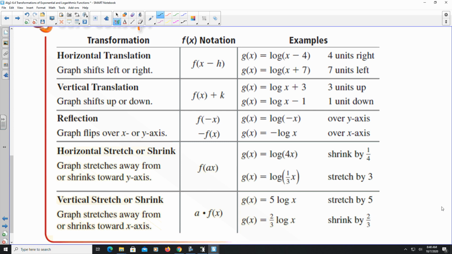Again, the general form is y equals log base b of x. This one can be found on page 320. So reference those when you are describing these transformations.